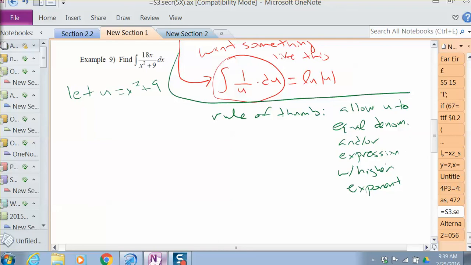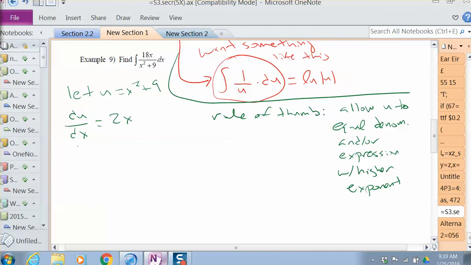So that's usually the rule of thumb, is allow u to equal the denominator and or, now in this case we got lucky that it worked for both, because when you let it equal the denominator, then you can take the antiderivative and get a natural log of something, right? Because the antiderivative of 1 over x is natural log of absolute value of x. So by doing that, what's du over dx going to equal? 2x.